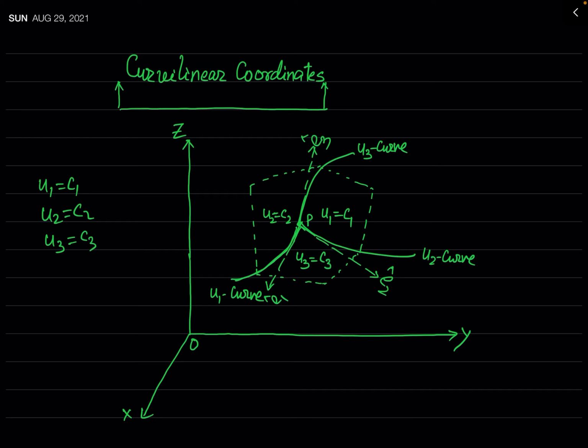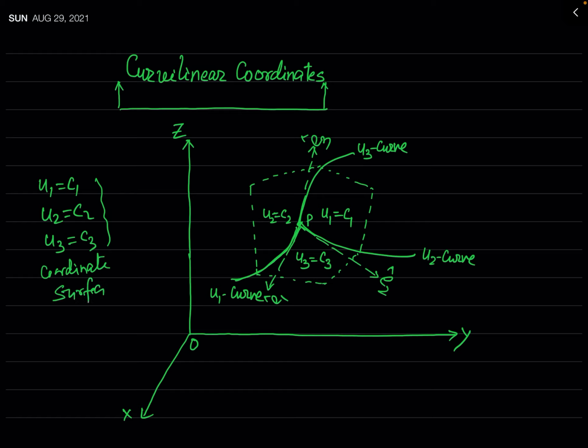So when you consider the three surfaces like u1 equal to c1, u2 equal to c2, u3 equal to c3, where all these ci are constants, then the surfaces which intersect at this point P are known as coordinate surfaces.